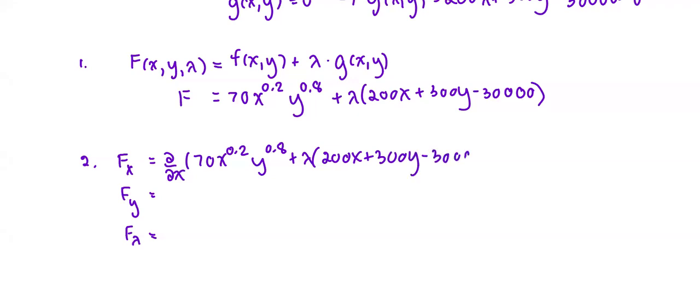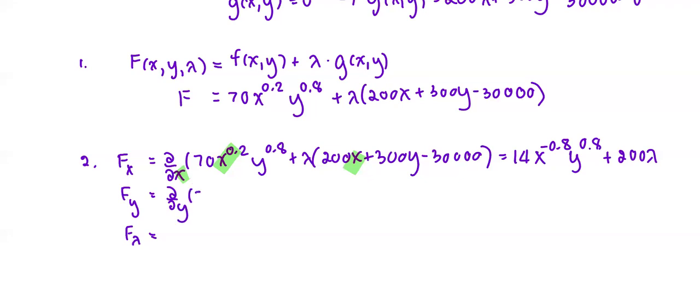For the first one, with respect to x, we obtain 14 x to the negative 0.8 times y to the power 0.8 plus 200 lambda. And then the second one, partial derivative with respect to y, we treat the y as the variable.